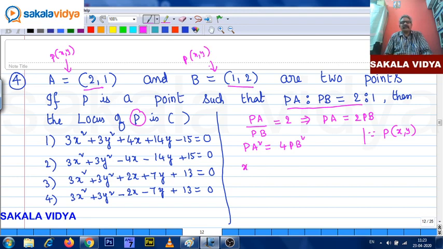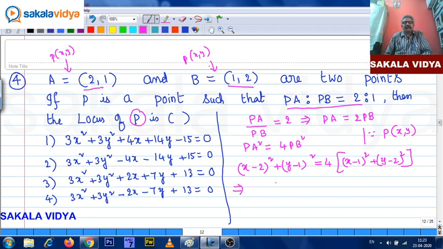PA square means x minus 2 whole square plus y minus 1 whole square equals to 4 times PB square. PB square means x minus 1 whole square plus y minus 2 whole square. You need to simplify, that's all. There is no way.